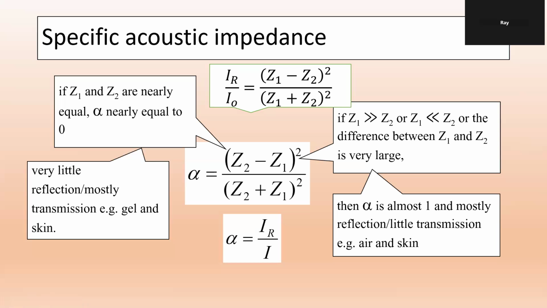Any comment? Is there anything still not clear? Don't worry about Z1 minus Z2. Usually it's written as Z2 minus Z1. Either way, you square it and it becomes positive.